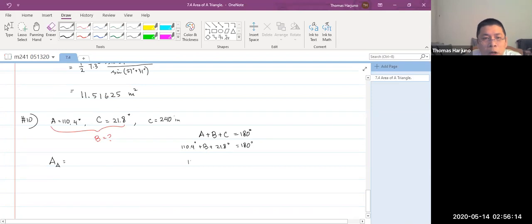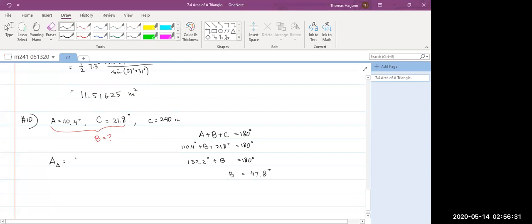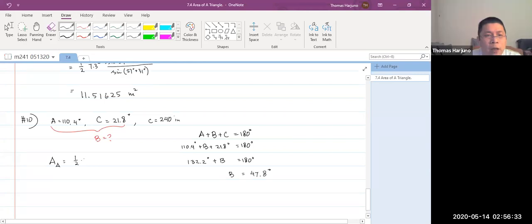So this is 132.2, so B is 47.8 degrees. Okay, so the area of the triangle will be 1/2 times C squared sine A sine B over sine C, since I have the C already.